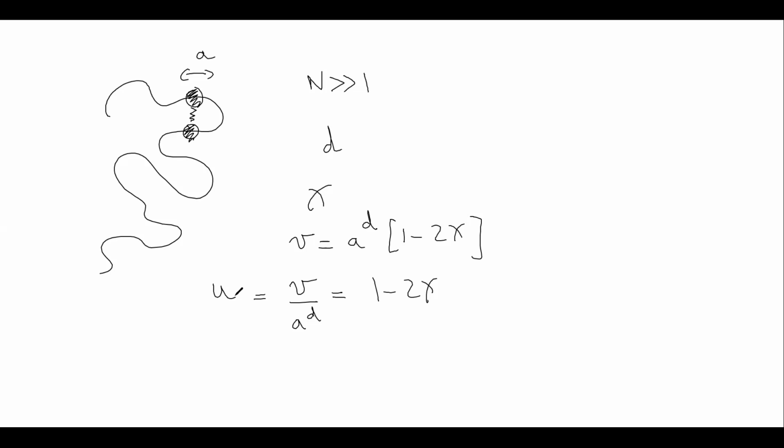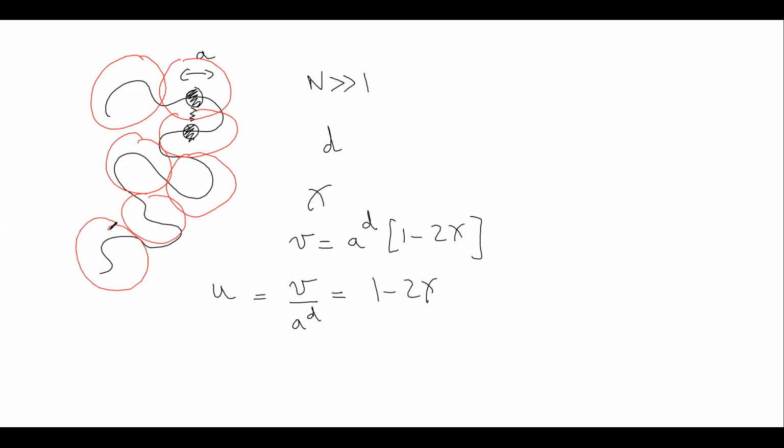Okay, so this is the problem we want to do, and what we want to do, in fact, is to use the renormalization technique. The idea is the following: we will group together a certain number of monomers into bigger units like that. Assume I can do that on all the chain. For instance, I have 1,000 monomers in the real chain, but I will group them 3 by 3. So I will do little bags with 3 monomers, and then I will recompute the interaction between 2 units.